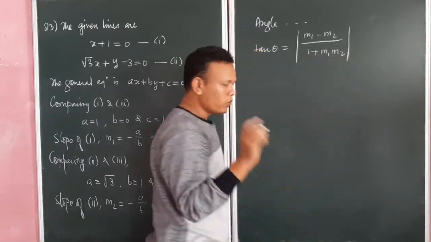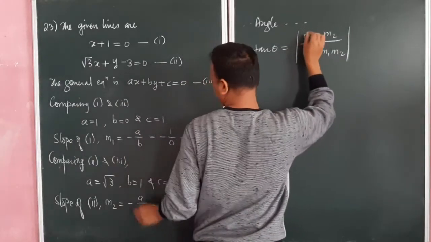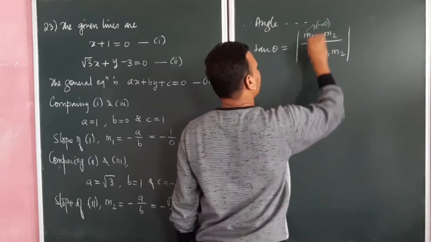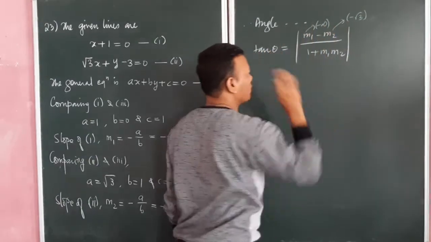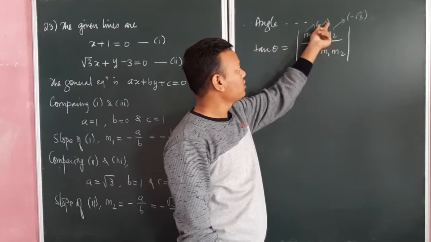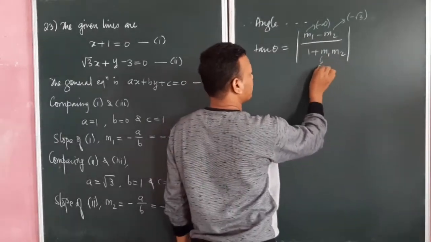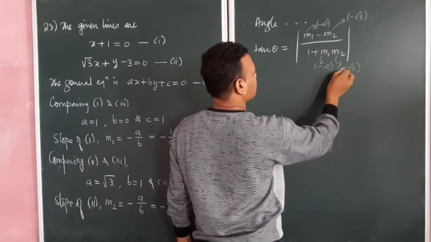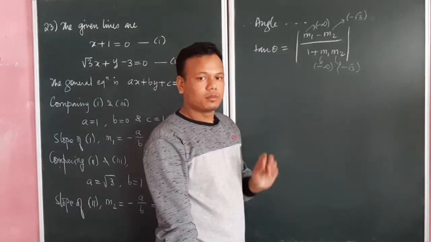Here m1 is minus infinity and m2 is minus root 3. Minus infinity plus root 3 is in the numerator. Similarly in the denominator we have 1 plus infinity into root 3. So this is creating a bit of a problem.